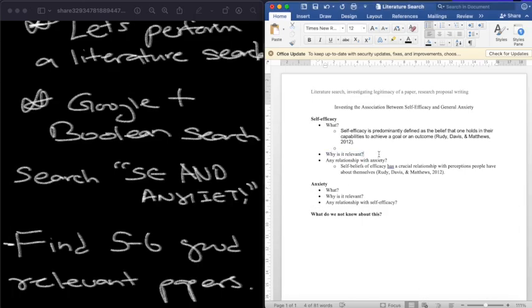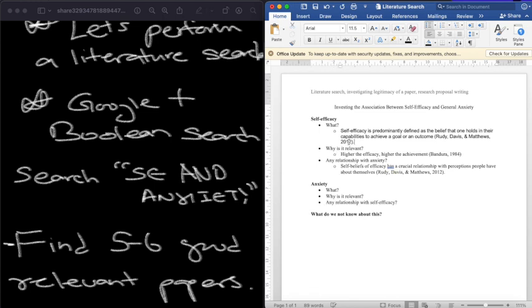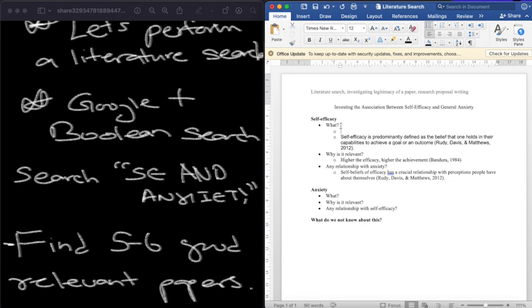Why is this relevant? Because the higher the efficacy, the higher the achievement. Now, who said this? Bandura in 1984. So this was told by Bandura in 1984. Now, just to make this interesting, I'm going to paraphrase the first statement that I just wrote.